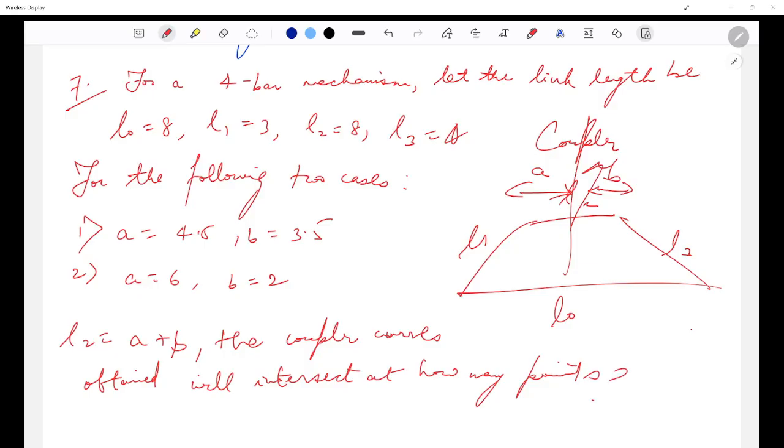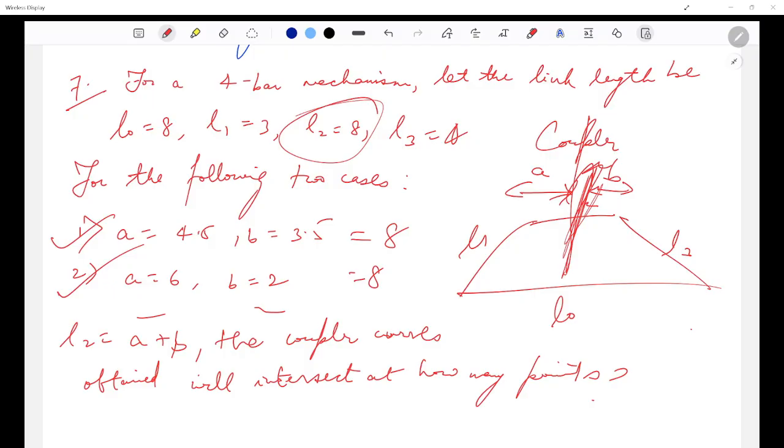Let's see the answer. We are given that it is a 4-bar link, and L0, L1, L2, L3, all the values are given, and the coupler length is A plus B, which is L2. So for the two cases, we see that A plus B is equal to 8, and our L2 is also equal to 8. So the only division point along the coupler changes. Only this point would change, either in the first case or the second case.